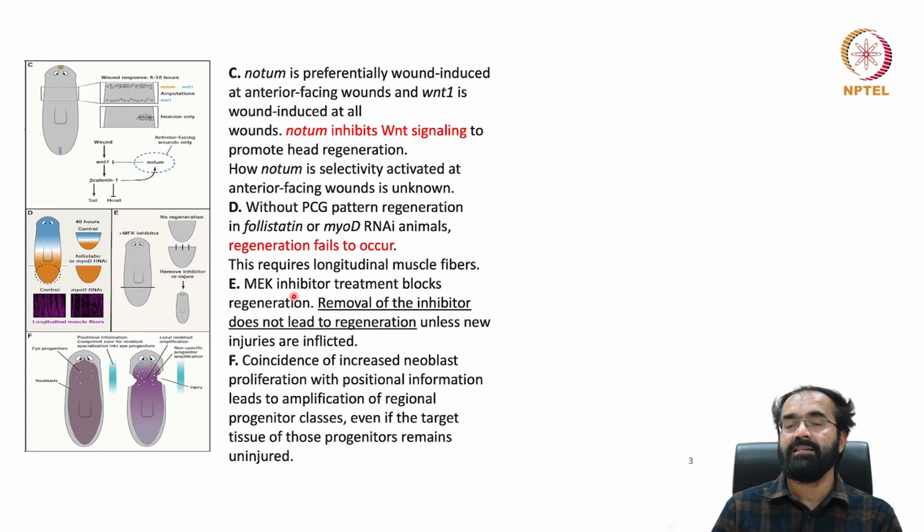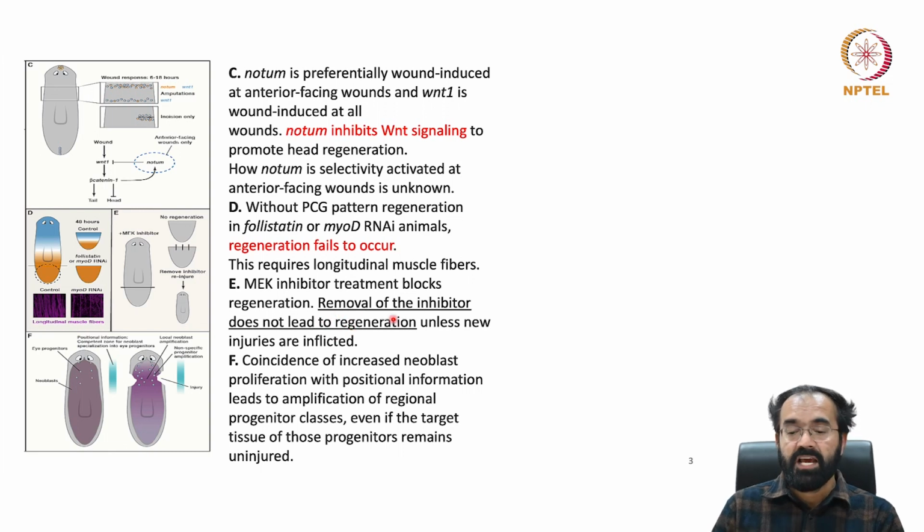Follistatin tells, yes, there is a damage, we need to regenerate. But that doesn't cause regeneration. For regeneration to kickstart, you need to have the ERK signaling go on. So if you treat with an inhibitor, just like how follistatin RNAi prevented regeneration, MEK inhibition also prevents the regeneration.